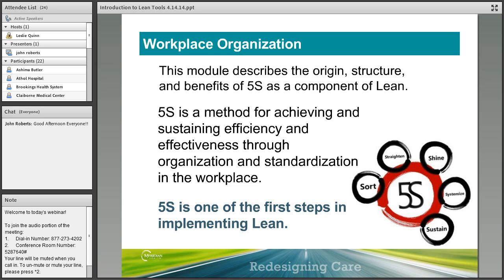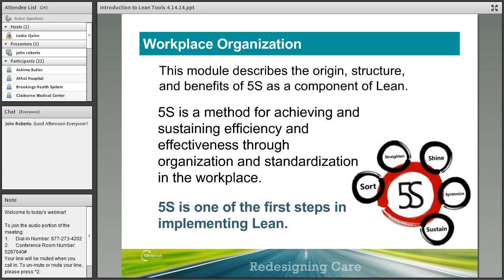And so 5S really is one of the first tools that most people use when they delve into lean thinking, because it's pretty straightforward and can produce some pretty tremendous results pretty quickly when we look at organizing our workspace and our processes.